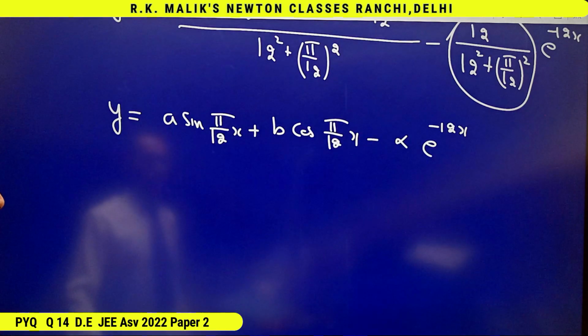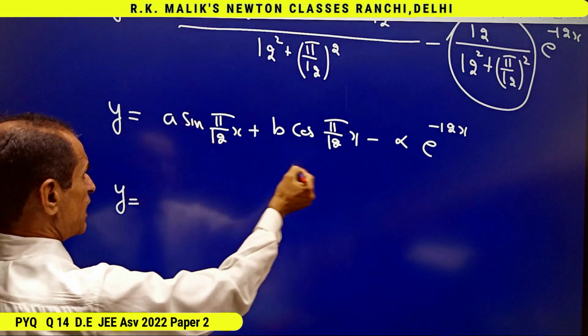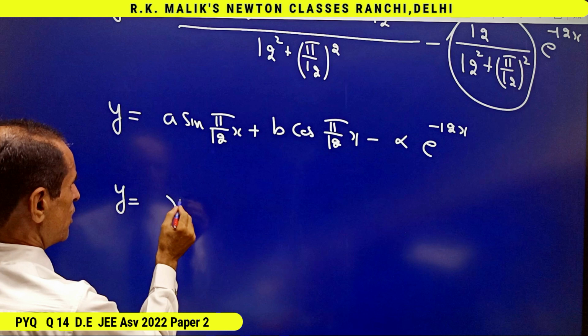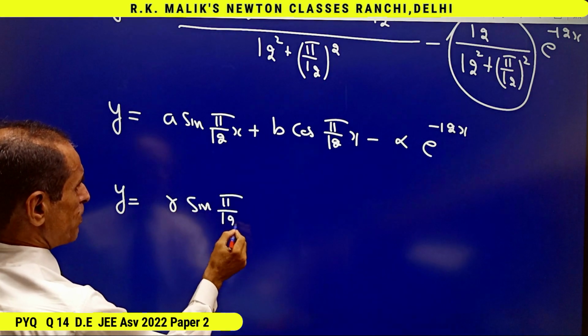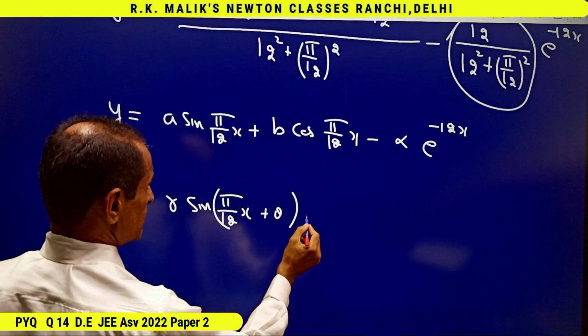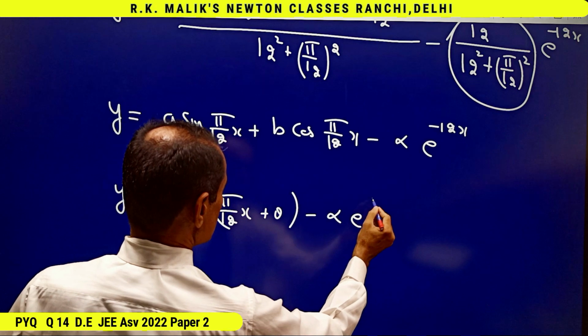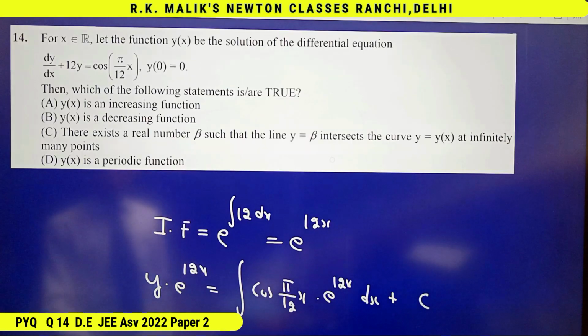And as I told you in the very beginning, I can bring it in the form of r sin (pi by 12x plus theta) minus alpha e to power minus 12x. And now I will check the choices.